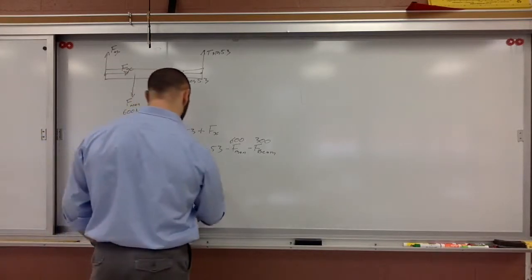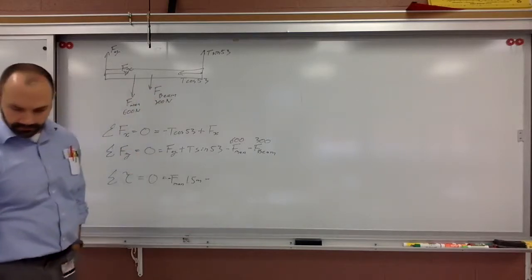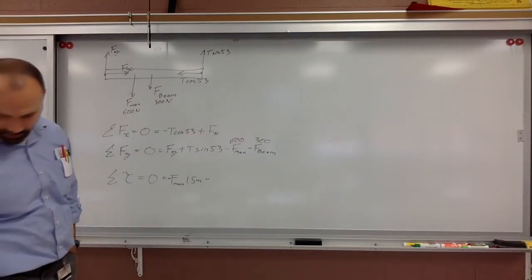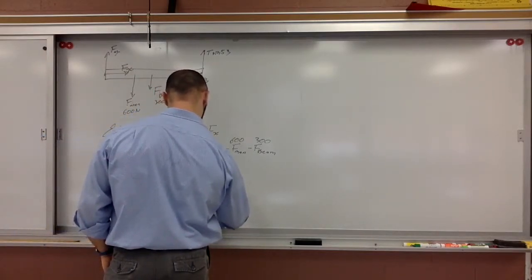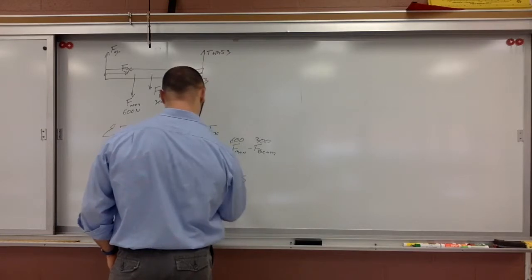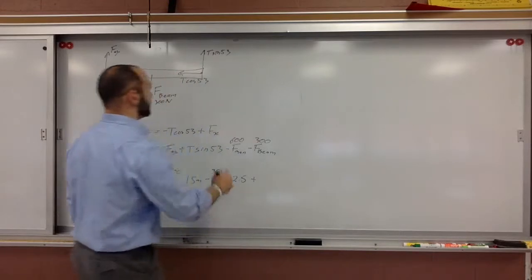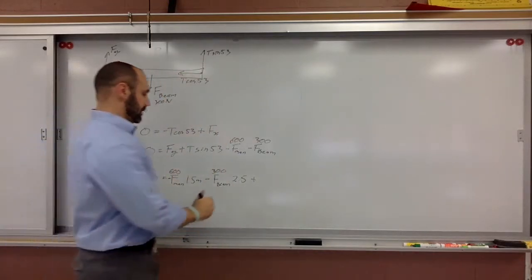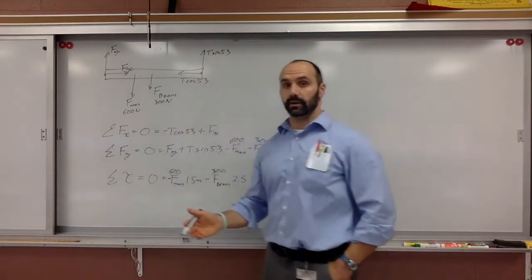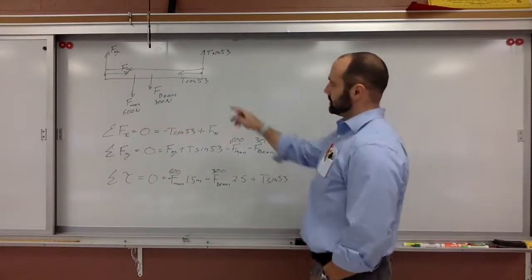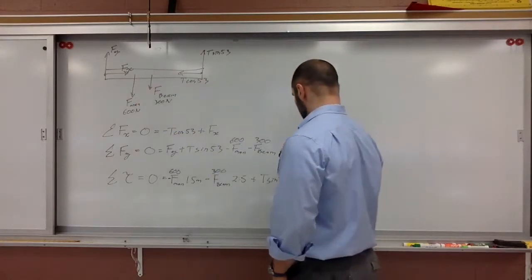Negative. And then minus the beam also will have negative torque here, and the beam is 2.5 meters from the edge. So F beam times 2.5. Again, that's 300, and this is 600, plus the torque from here. So this is T sine 53, the vertical component of the tension, times the radius, the distance from the axis of rotation, which is 5 meters.